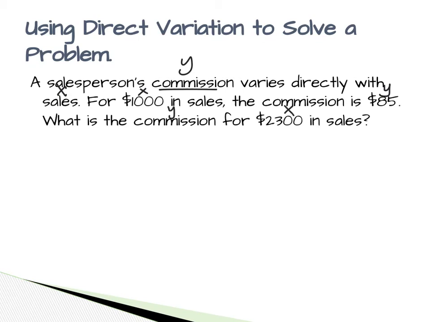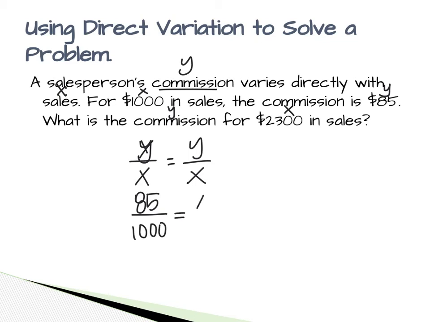So we're going to set up our proportion again. Now it's Y over X equals Y over X. So that's going to be 85 over 1,000 equals Y over 2,300. And again, you don't have to set up the equation. You can just multiply here and divide by this one.